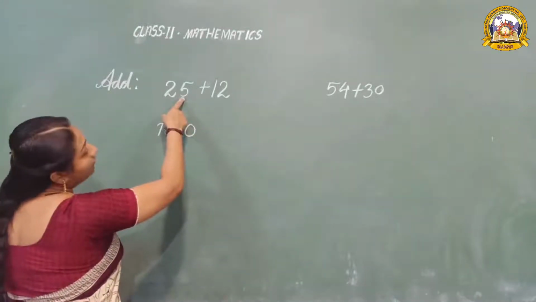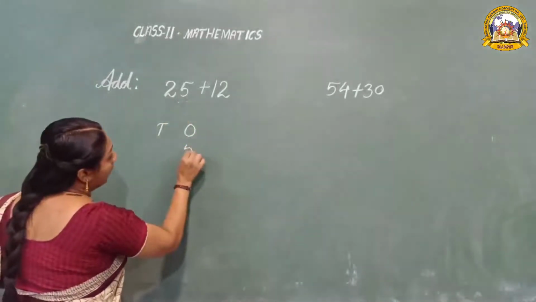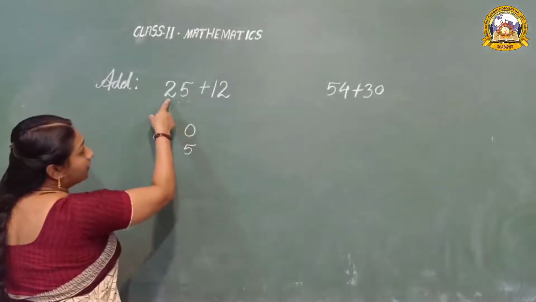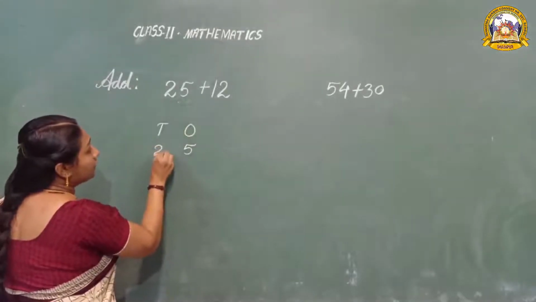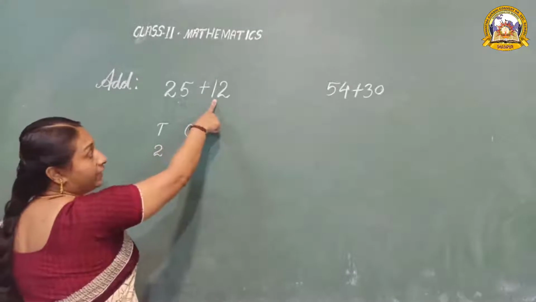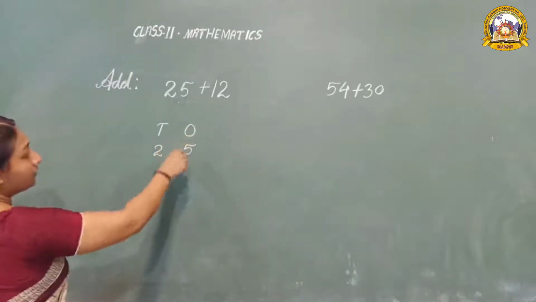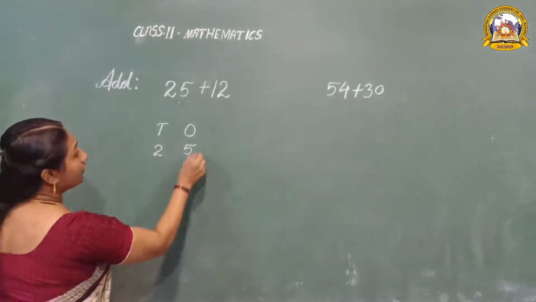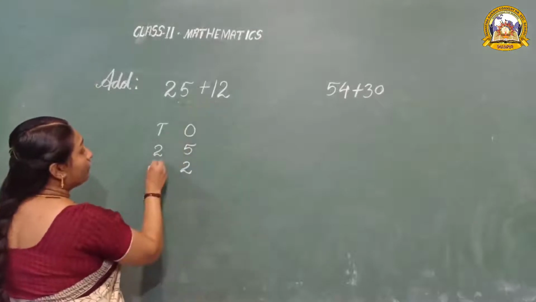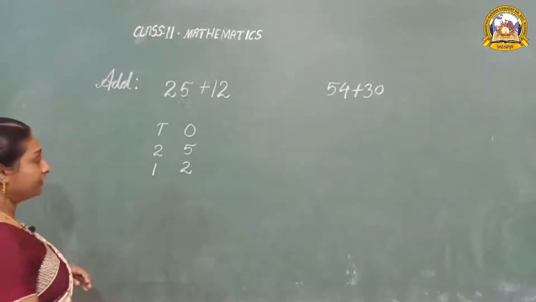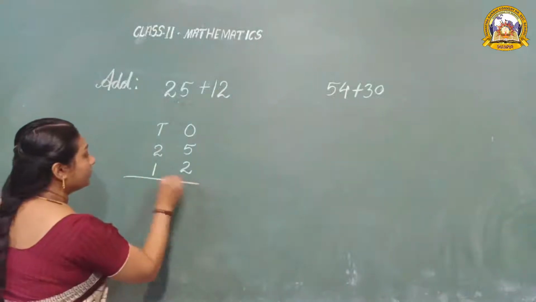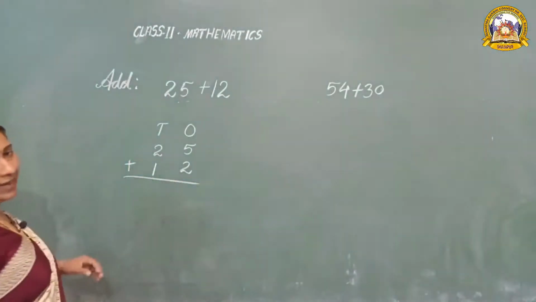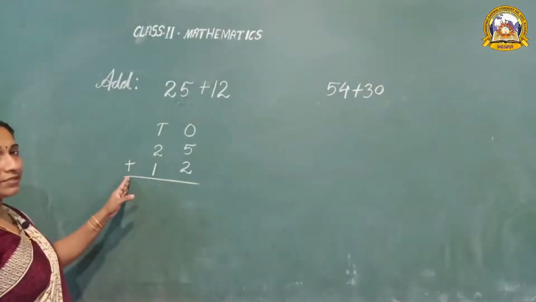Then how many ones are there? 5 ones and 2 tens. Next, in the next number there are 2 ones, then 1 ten.